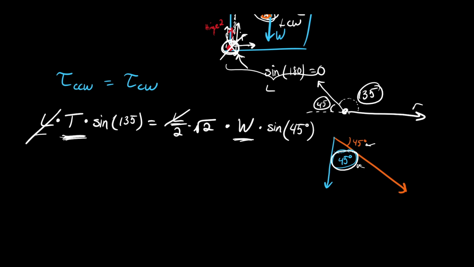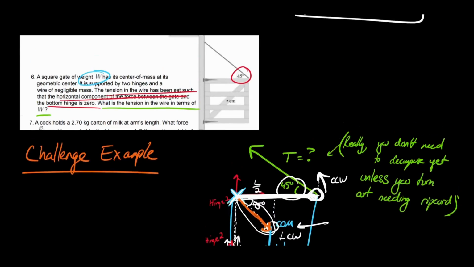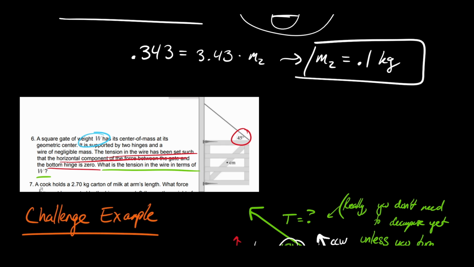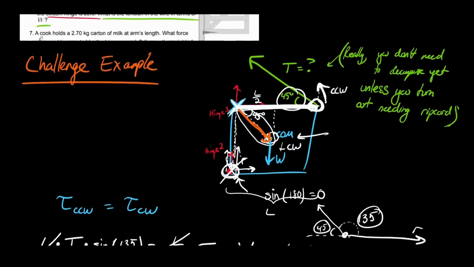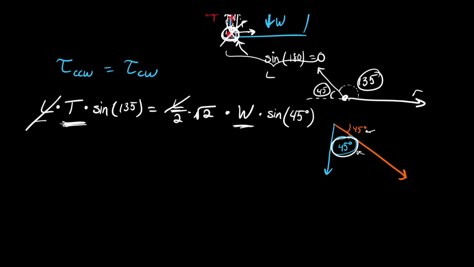And it sort of feels like we don't know W, but remember, the problem tells us the weight, and it expects our answer to be T equals 2 times weight, or whatever. So we basically pretend that W is a variable that we know for the purposes of counting equations. So we do know W, so it's not an unknown. And we have one equation, one unknown, so we're guaranteed to be able to finish this.